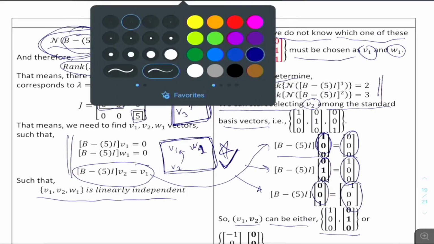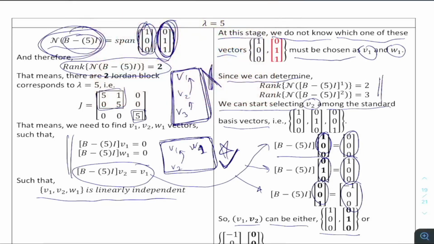Let me change the color. At this moment we will call, for example, this v2 candidate, this v2 candidate, and this v2 candidate. We don't know at this moment which one of them is v1 and which one of them is w1. We say that v2 cannot be this, and v2 is either this or this.